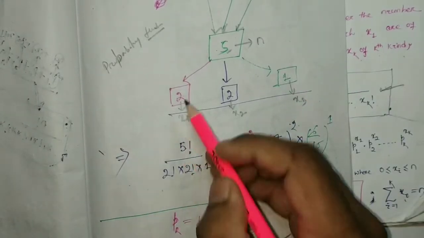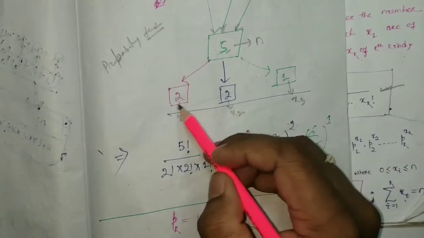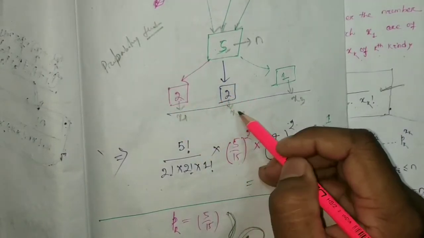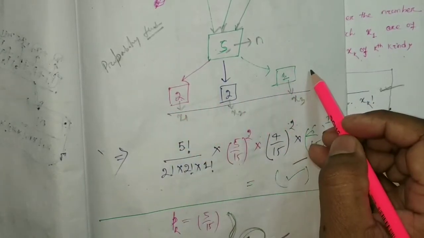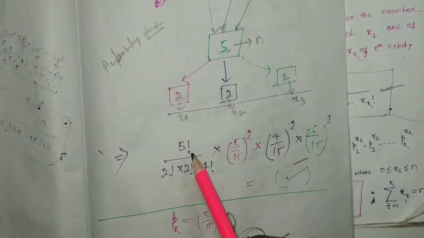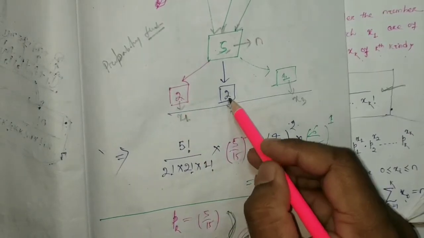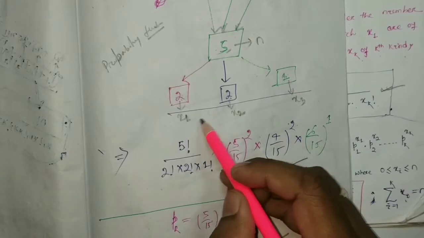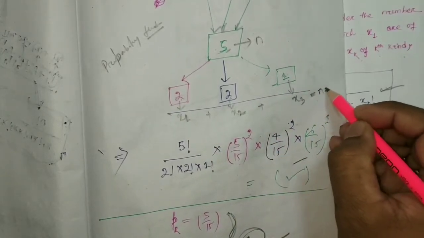This is one group having 2 elements, this is another group of 2 elements, and this is another group of 1 element. The 3 are different colors: red, blue, and green. So small x1 is 2, x2 is 2, x3 is 1. If I add the 3, it gives the total n equal to 5.